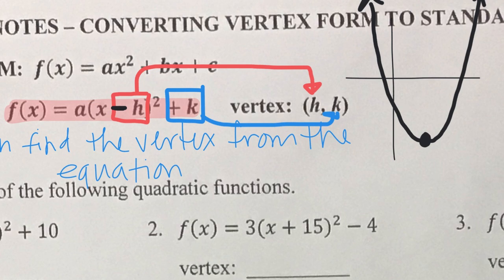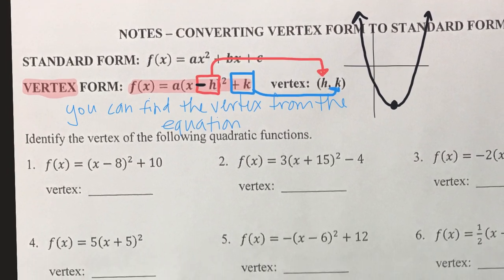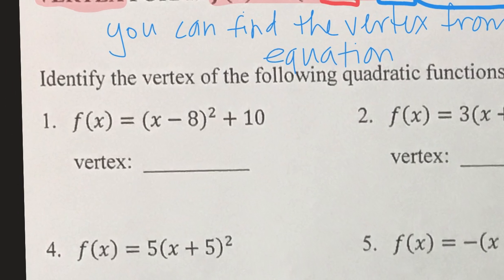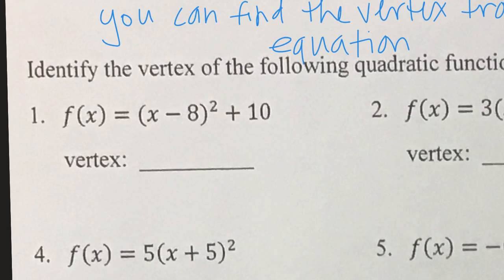Okay, so these first couple of problems are just saying identify. Get used to this format that the vertex is found in. Here is our first one: x minus 8 quantity squared plus 10. If this is a minus 8 in parentheses, then your x-coordinate is going to be a positive 8.